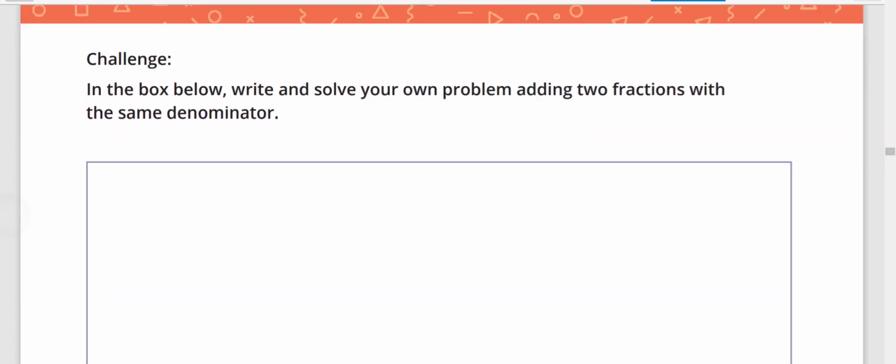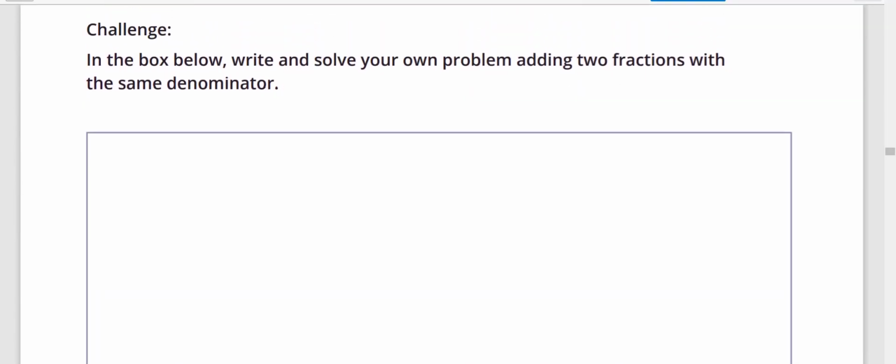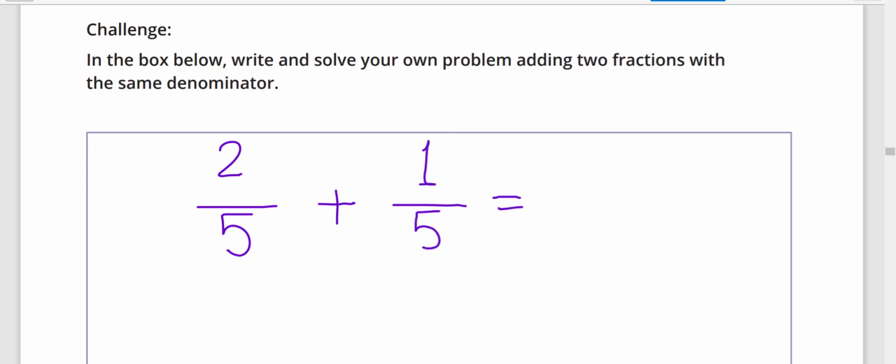Page 101. In the box below, write and solve your own problem adding two fractions with the same denominator. For example, 2 fifths plus 1 fifth equals what?